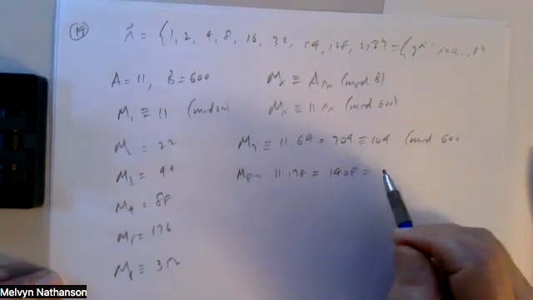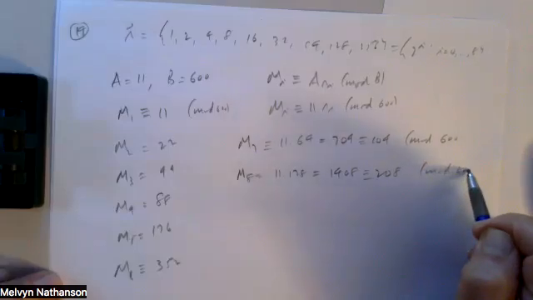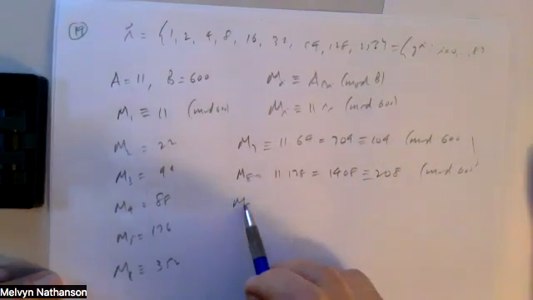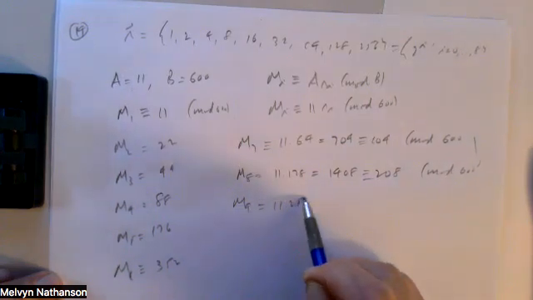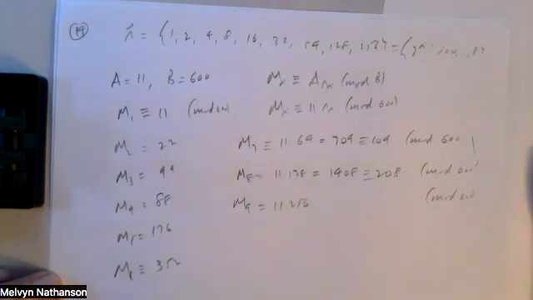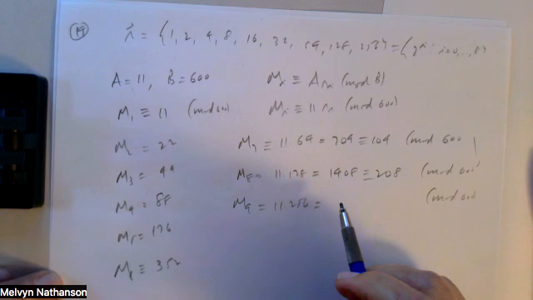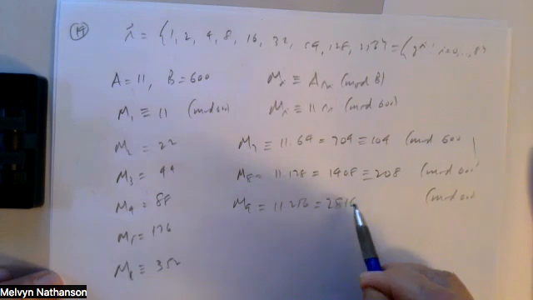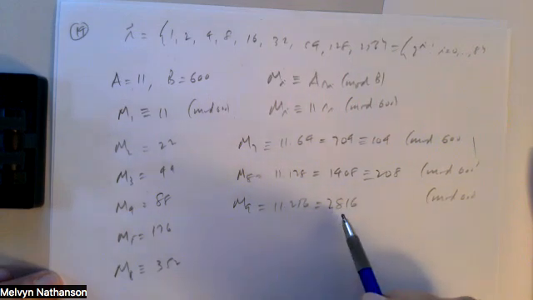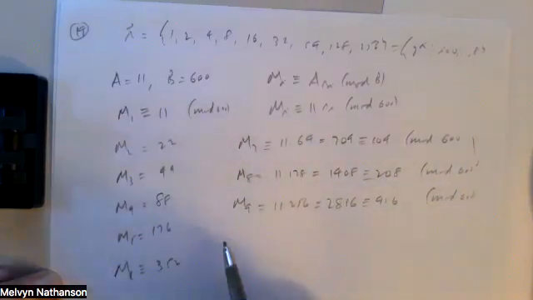If you divide that by 600, you get a remainder of 208. And M9 is 11 times 256 mod 600. 11 times 256 is 2,816. Subtracting 2,400, it's 416 mod 600.